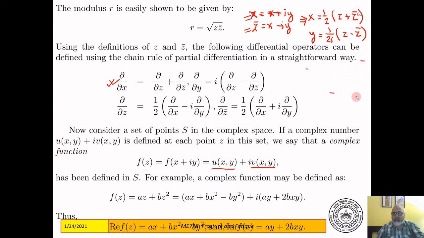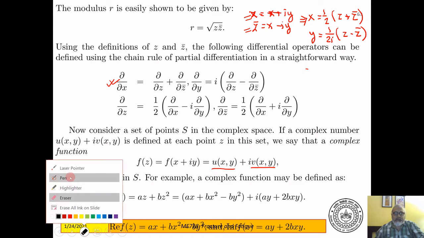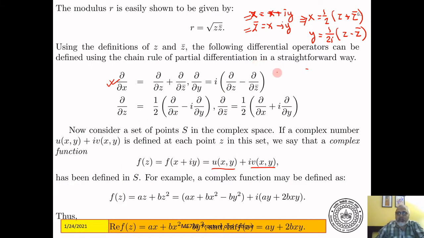If you want to do it the other way around, so you want del z of something, then you write it in terms of del x and del y, and del x del z is half, del y del z is 1 by 2i.